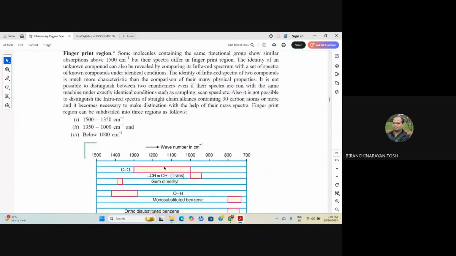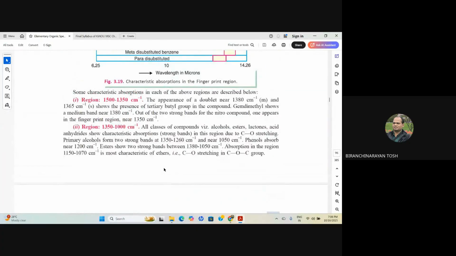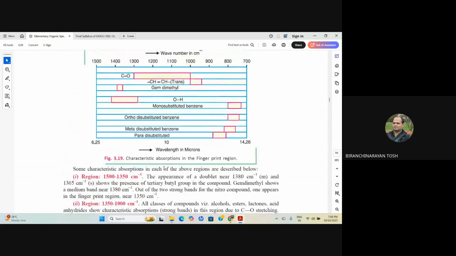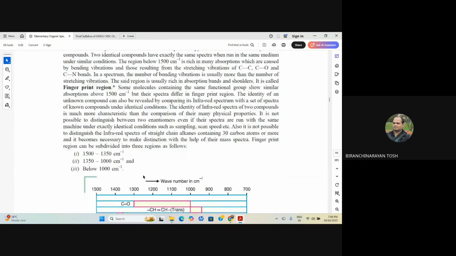Okay, this is the fingerprint region. Then we'll move to the spectra. Okay, we'll discuss this one. What is the fingerprint region? They are divided into three regions again: 1500 to 1350, 1350 to 1000, then below 1000.